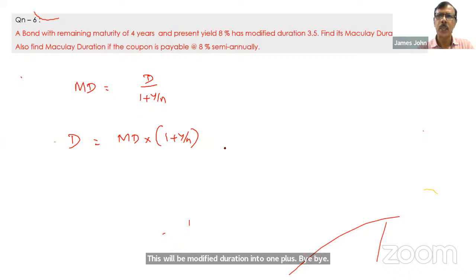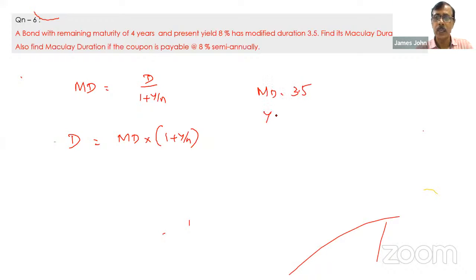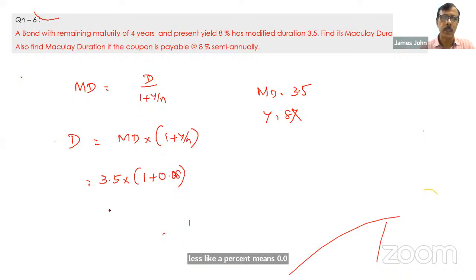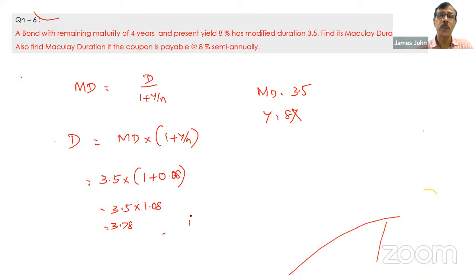Modified duration is 3.5 and the yield is 8%. So duration is equal to 3.5 into 1 plus 0.08, which is 3.5 into 1.08. You'll get the answer as 3.78.